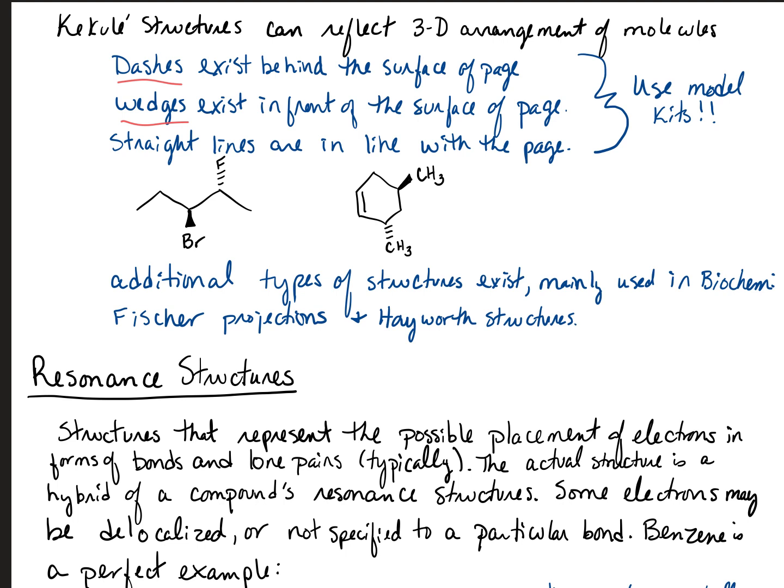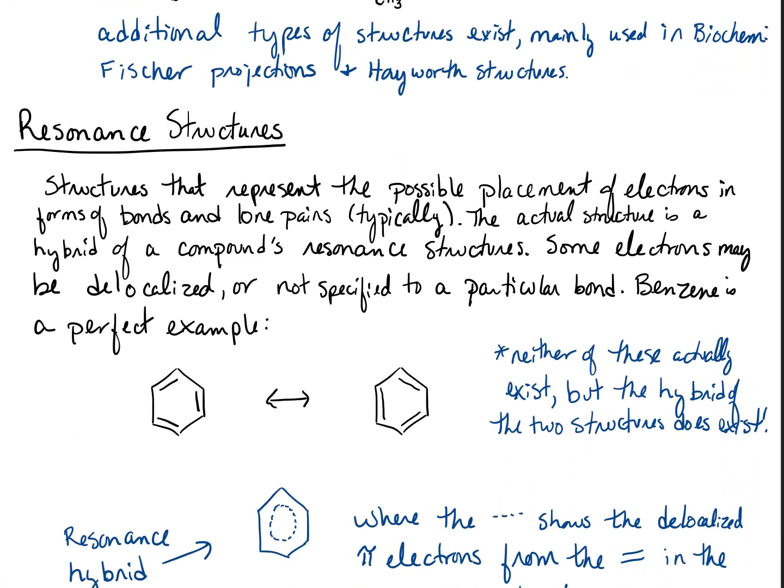You start to see this a little bit better, and hopefully you can see it in 3D as time progresses. You certainly do not need to do that right now, and realize that there's always hydrogen there, if it's not drawn in, coming on and off the page, whether you realize it or not. There are many different types of structures that exist. In biochemistry, you're probably going to see Fischer projections and Haworth structures.